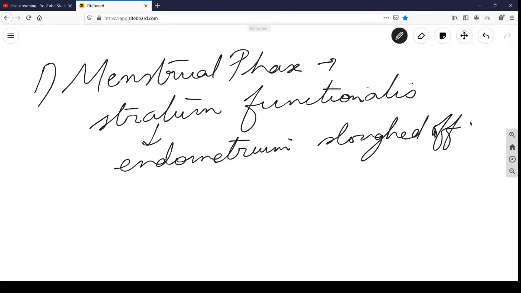Now, how does this degeneration occur? This tissue degenerates by ischemia. Ischemia means, you can say, clot formation.